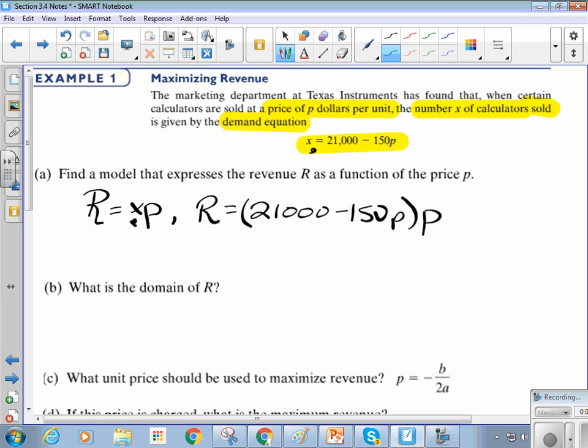I'm going to distribute the P. And all of a sudden we have a quadratic function.